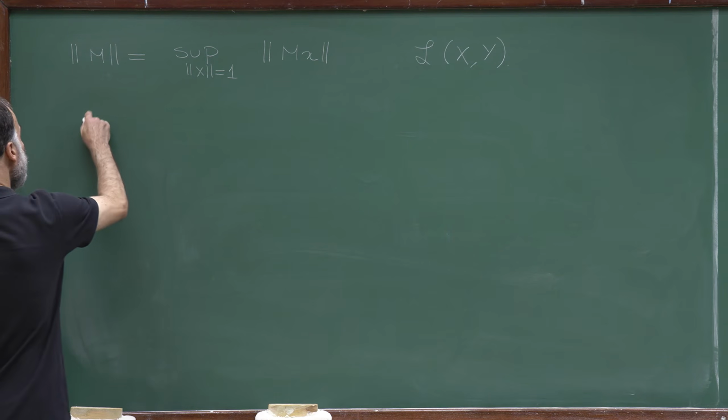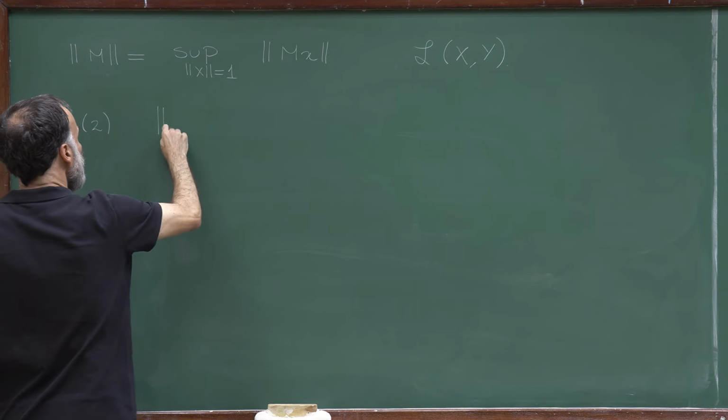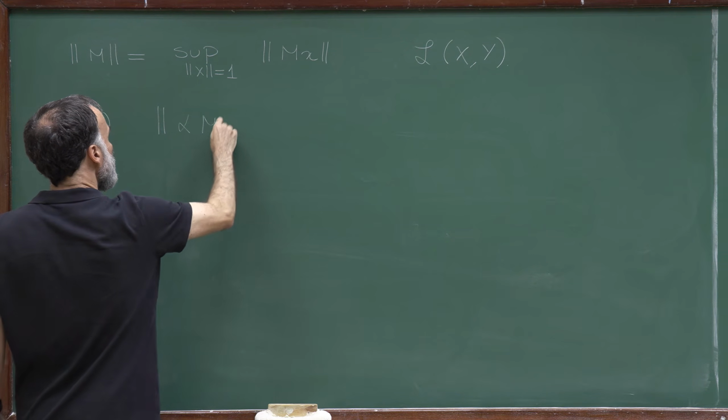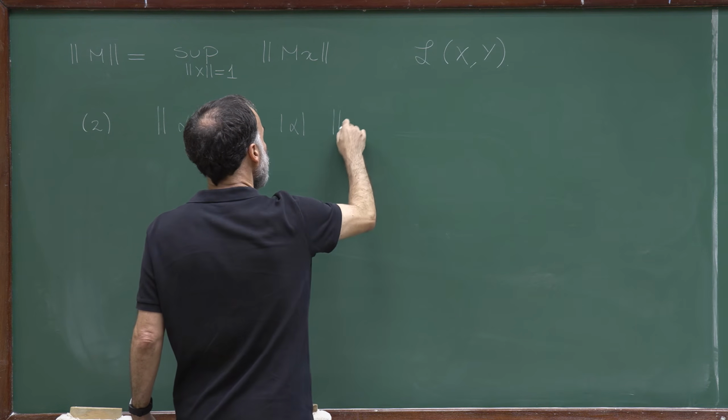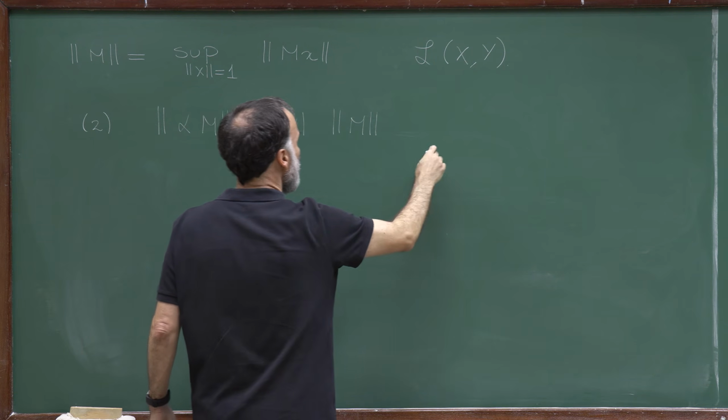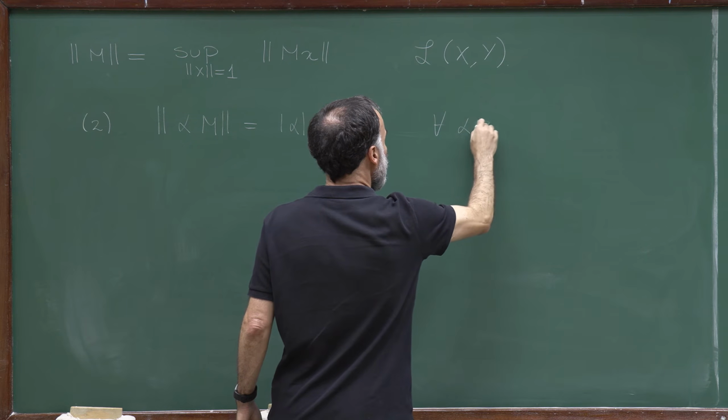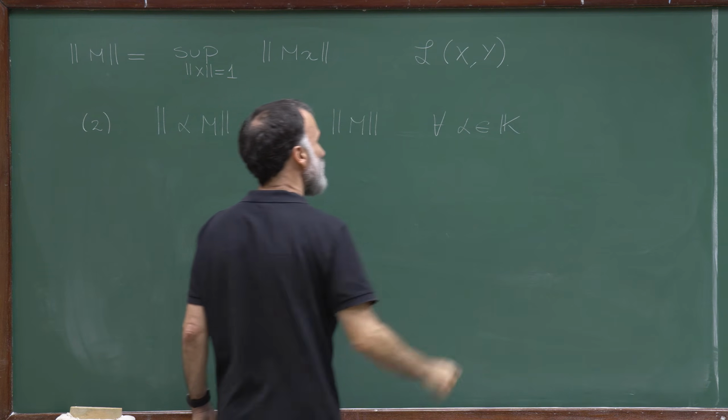So now let me prove the second property, that the norm of alpha m is equal to the absolute value of the scalar alpha times the norm of m, for all scalars alpha.